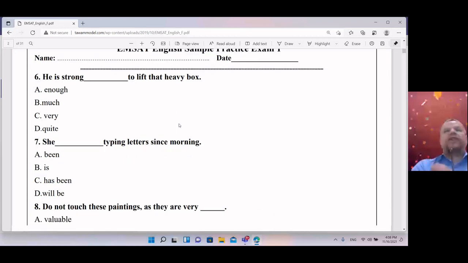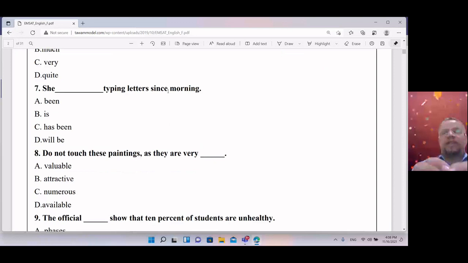He types letters since morning. In each question you have a keyword or keywords. Our keyword here is since. Why is since a keyword? Because it's related to present perfect or present perfect continuous. Present perfect is has or have followed by the past participle.